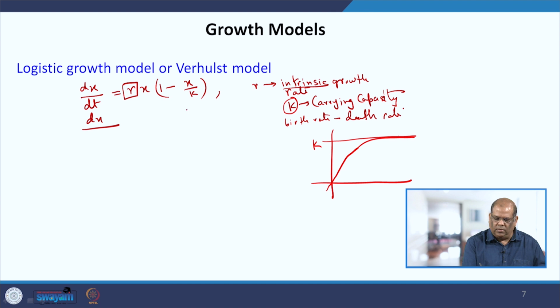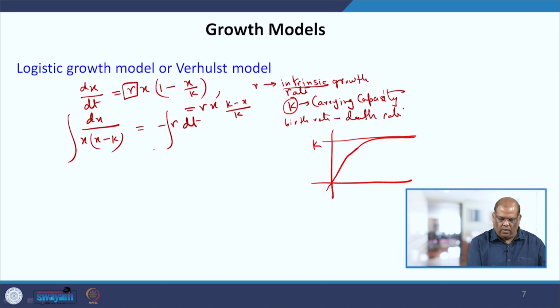You separate the variables. This is r x (k minus x) by k, and this you can write as dx by x(x minus k) equal to minus r dt. You integrate. This is a partial fraction.